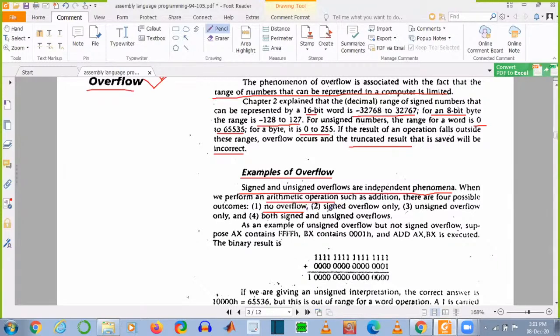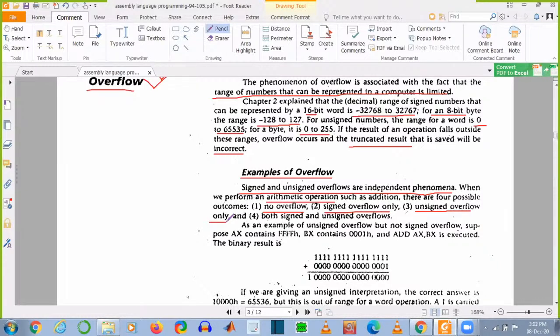The second case said the sign overflow only. So it may happen that there is only sign overflow and there is no unsigned overflow. The third case says that unsigned overflow only. So it may happen that there is only unsigned overflow and no sign overflow, because sign and unsigned overflow are totally independent of each other. They are not dependent on each other.